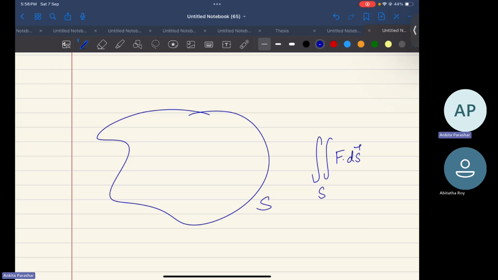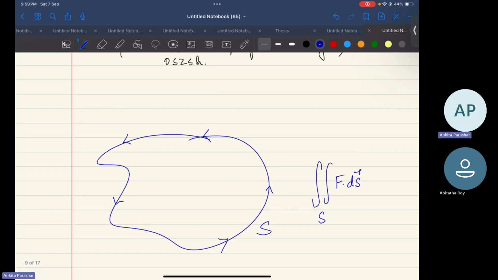So he said that he wants to always keep his direction to the left of the surface. For that he chose the direction to be anti-clockwise. Yeah, this is anti-clockwise.